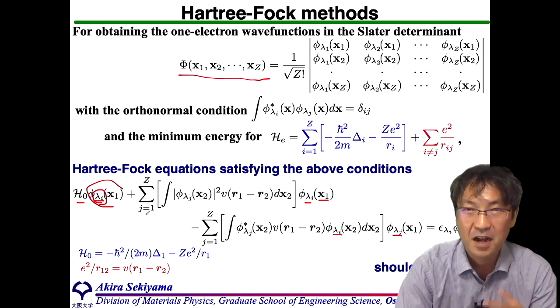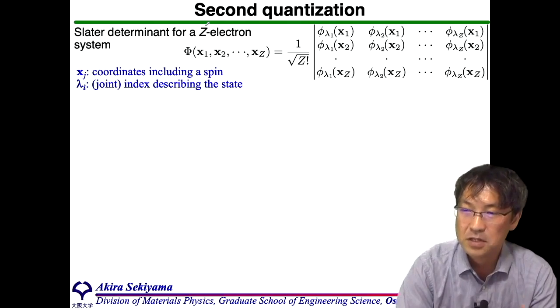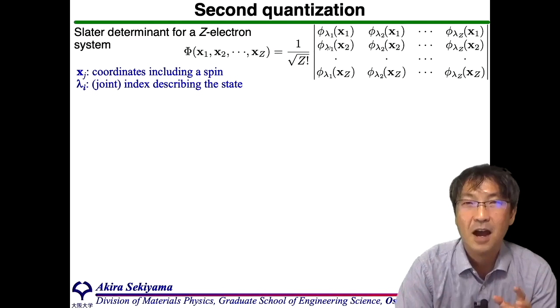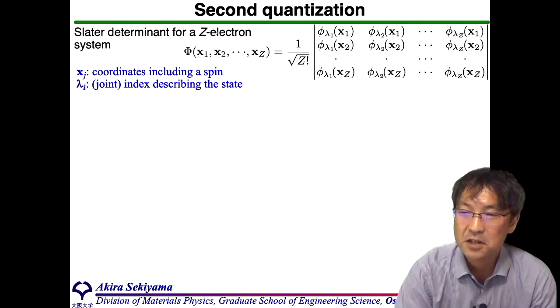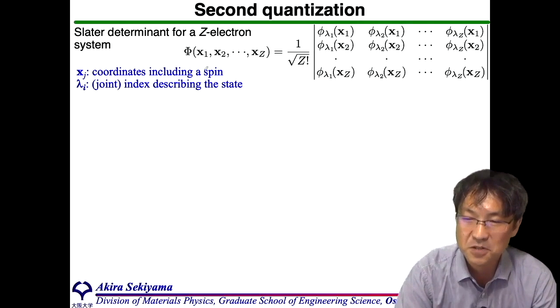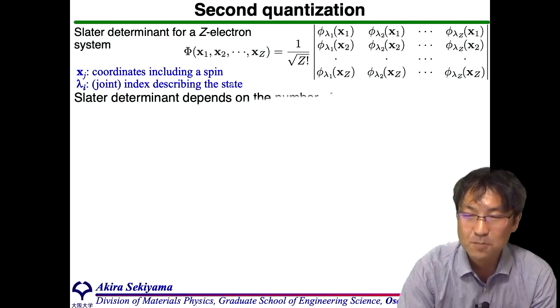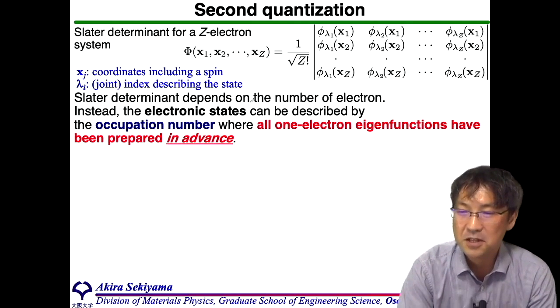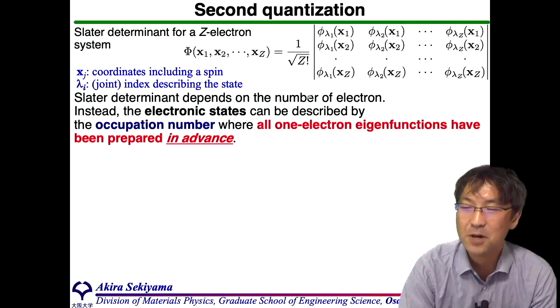From now, I change the topic: the second quantization of electrons. So far, I have explained the Slater determinant for the electron system. There is one problem in using the Slater determinant directly, because the Slater determinant depends on the number of electrons.